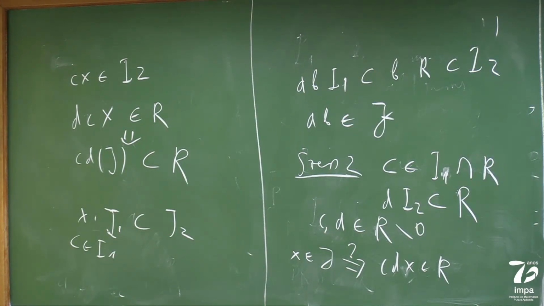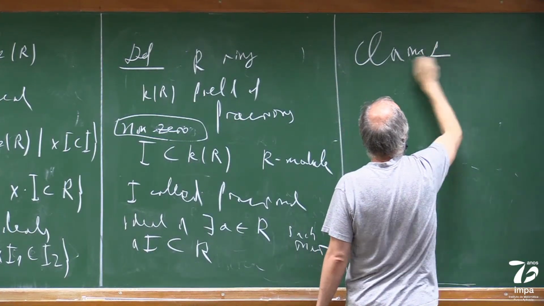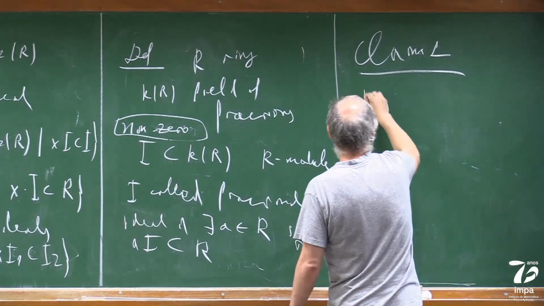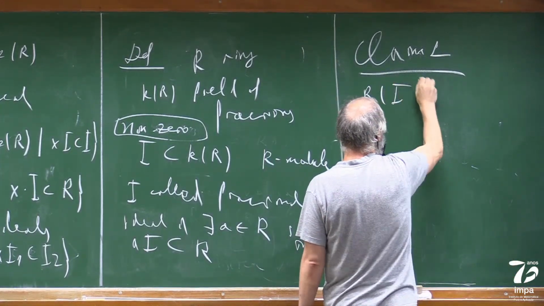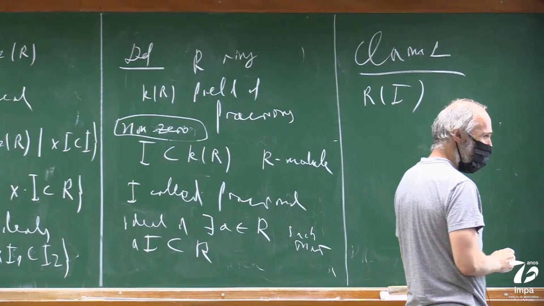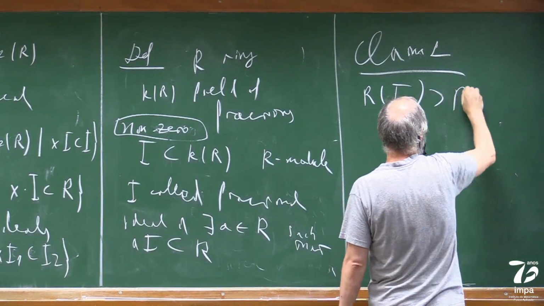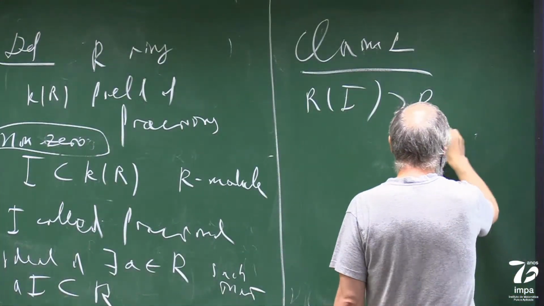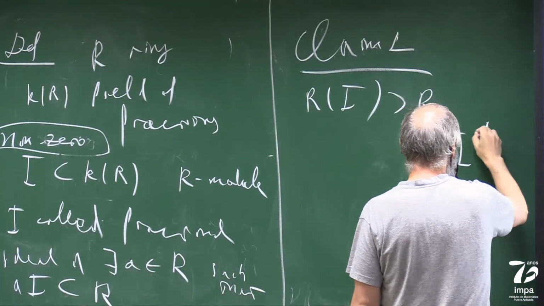Another chain of very similar observations which we need is this claim, which tells us that R of I, for any fractional ideal I, contains R. Obviously, this contains I minus 1.